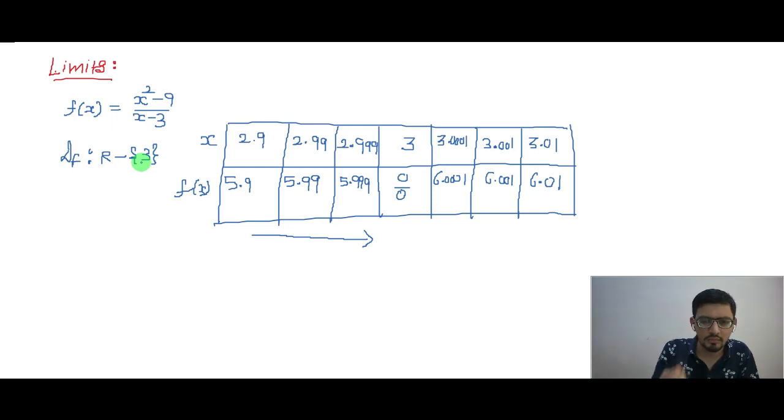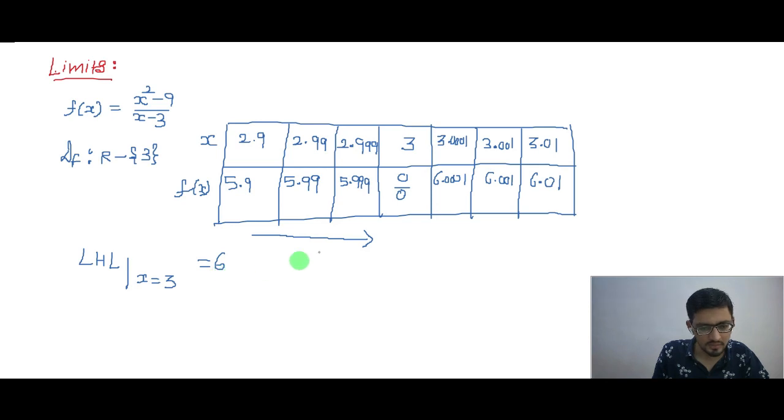What we need to understand is that if x is approaching towards 3, the corresponding function is approaching toward 6. That means for this function, the left hand limit at x equal to 3 will be 6.